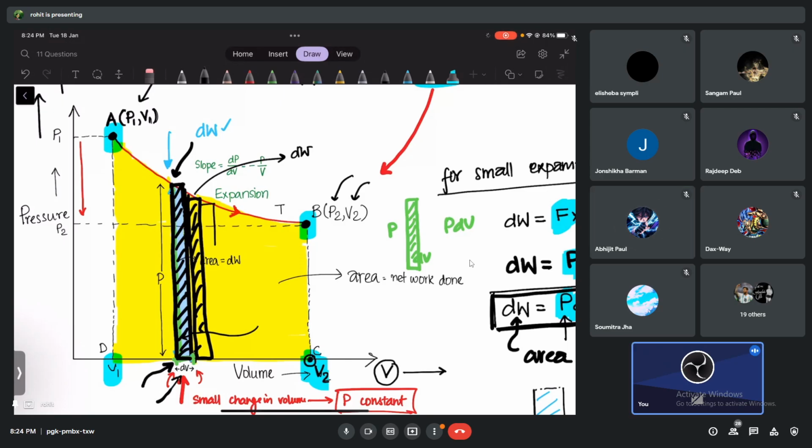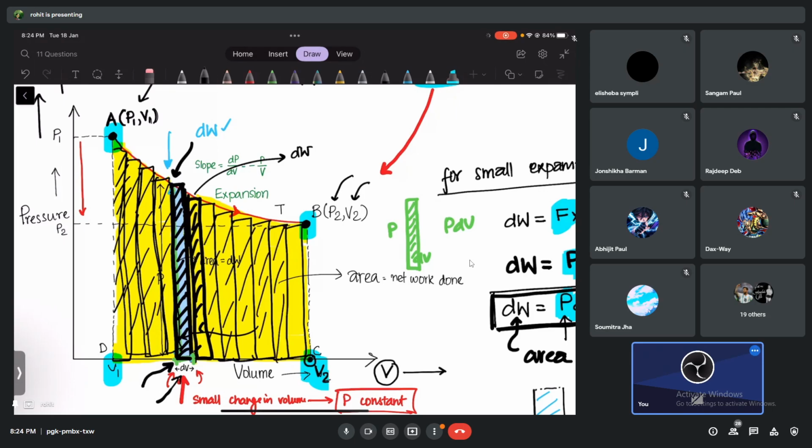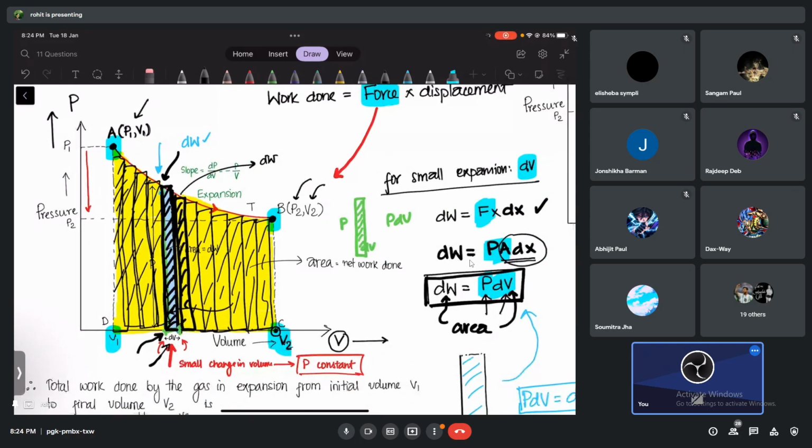Do you agree with me that I can do it for the entire curve, like this? But for all of them, am I going to take the same pressure or a different pressure? Different pressure. For all these blocks, I have to take different pressure. If I've calculated the work done for all of these small boxes and add all of them, will I get the work done or the total work done?